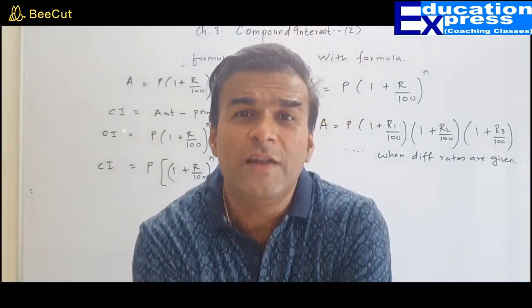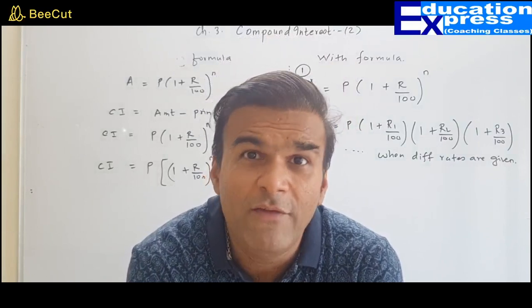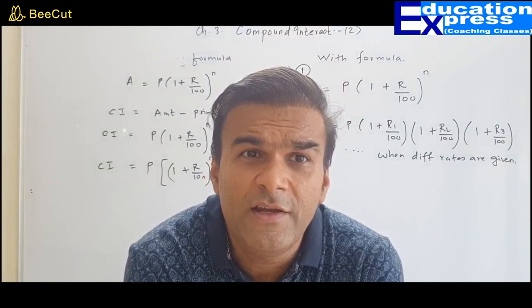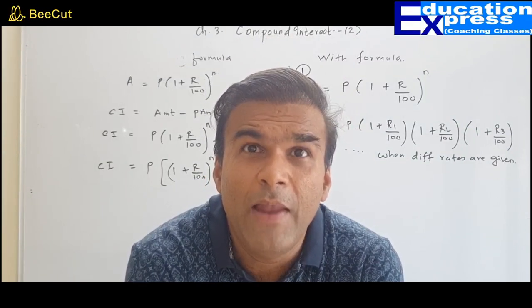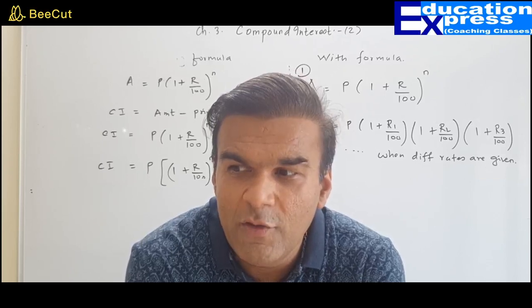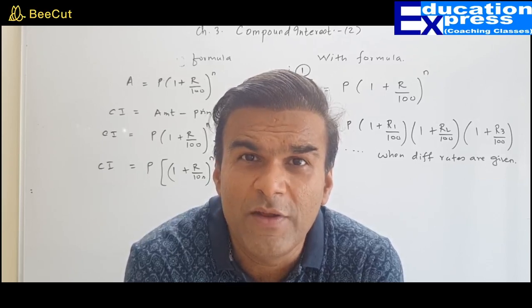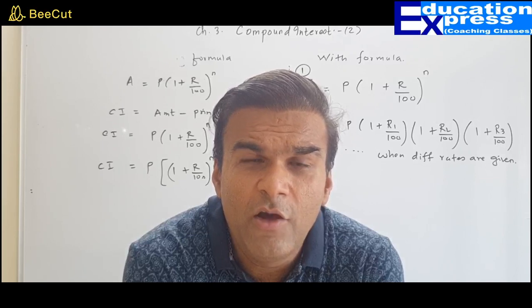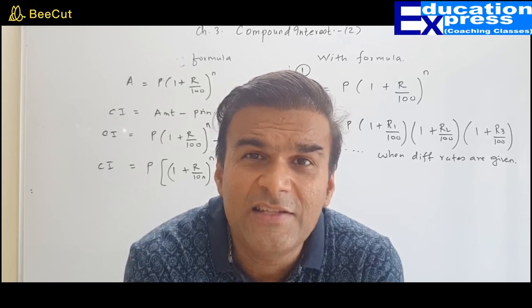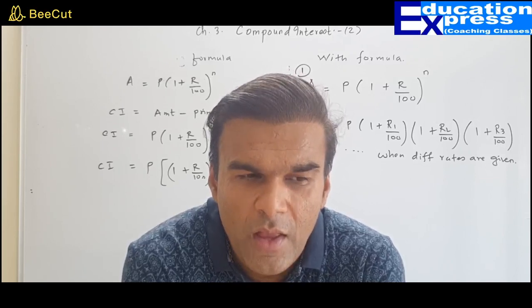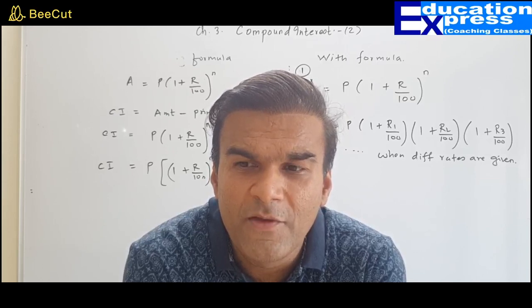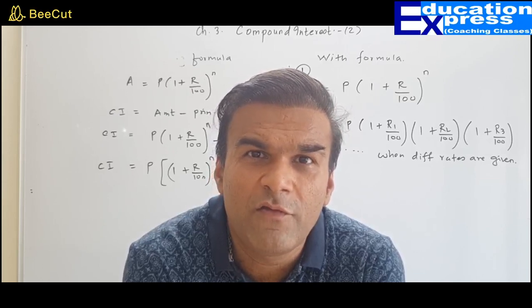So far as the formula method goes, what have we learned so far? We did how to find the amount by applying the formula A equals P, which stands for principal, into bracket 1 plus R, which stands for rate per annum, upon 100, raised to n, which stands for number of years.